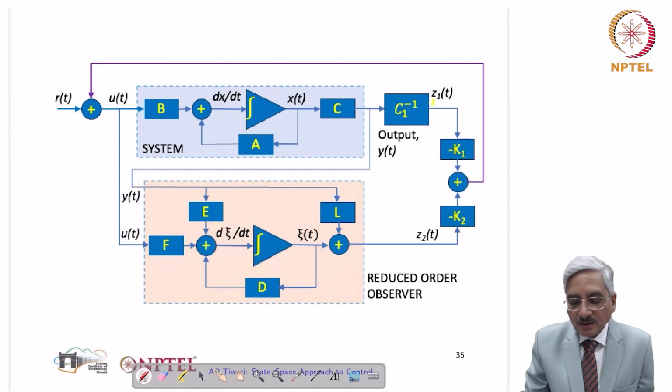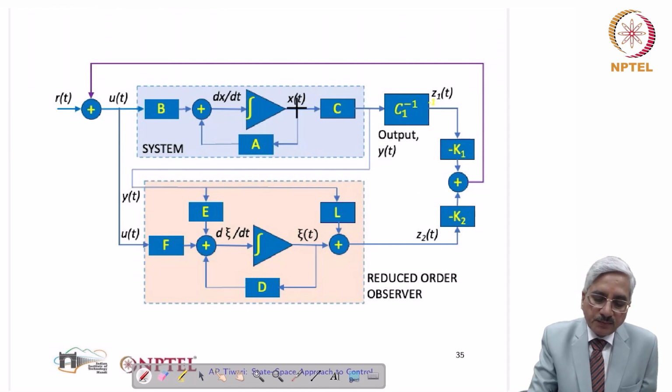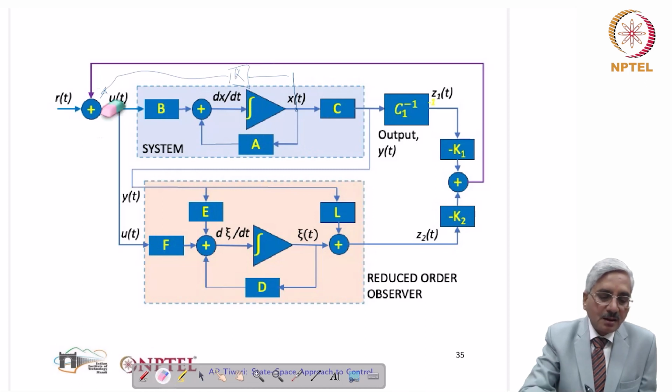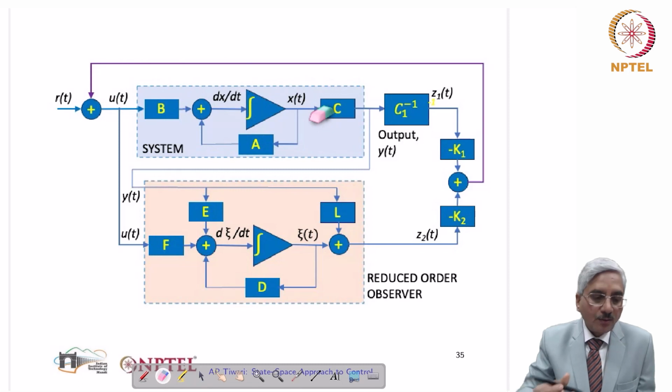And I was telling that now instead of feeding back this X through gain K, here we are feeding the states of the observer, like what is shown in this diagram.